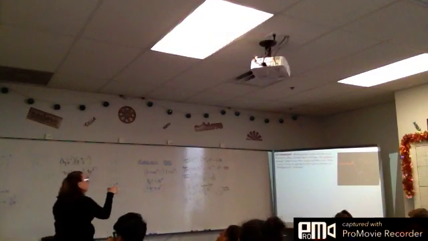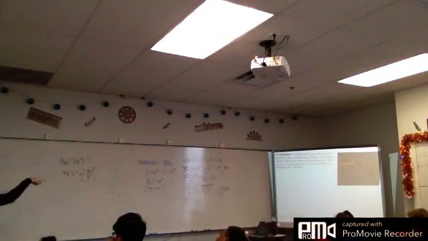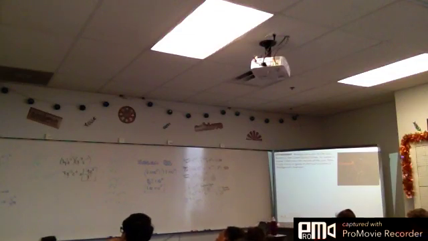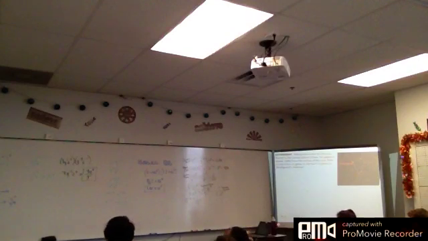Oh wait, it's 1,500 times the radius of the sun, so this should still have an r, because we don't know what the radius of the sun is. So I can cancel this out, and this out, and I'm left with 1,500 r cubed. What do you do from there?